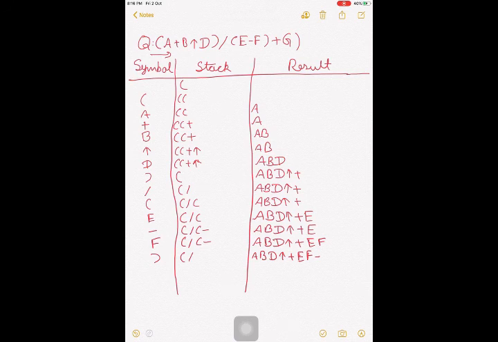Here is an important point that we have already discussed. Now for this plus operator, we already have the division operator in the stack, which has more precedence than the plus operator. So this division operator will move to the result, and plus will move to the stack.